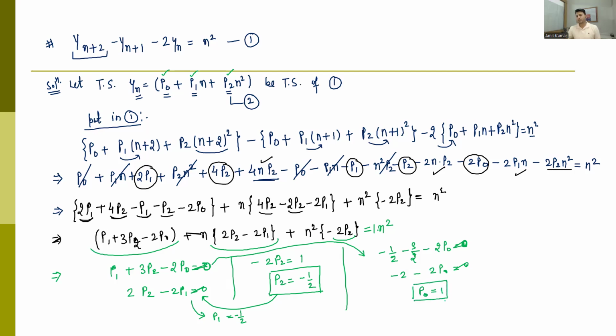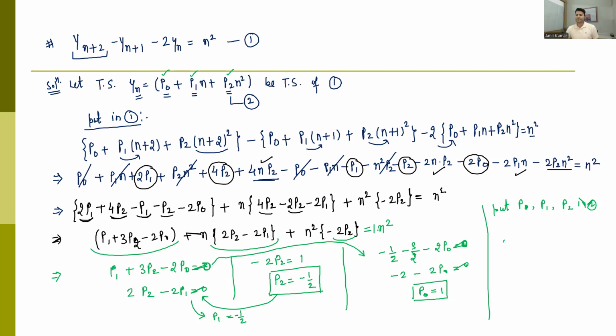So we obtained all the coefficients, which are P0, P1, and P2. What is last? Put the values of P0, P1, and P2 in equation number 2.